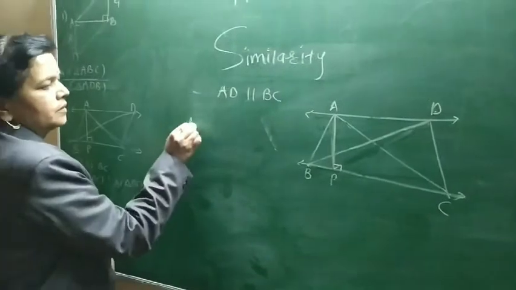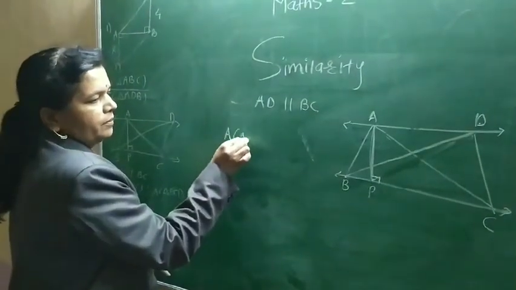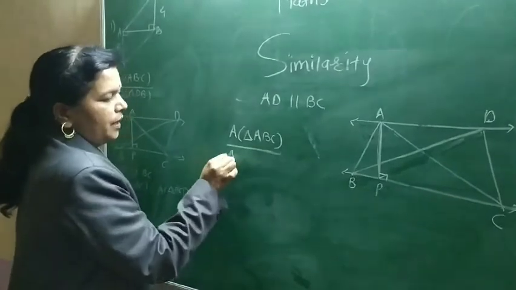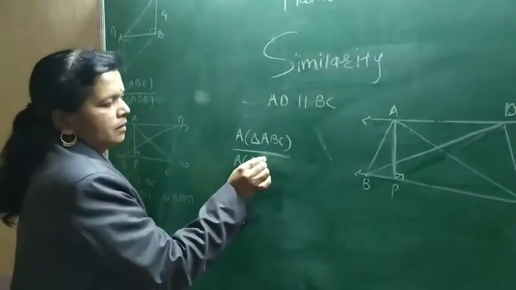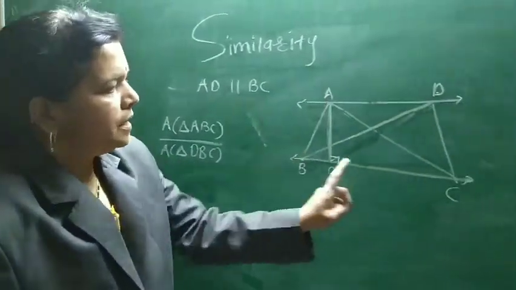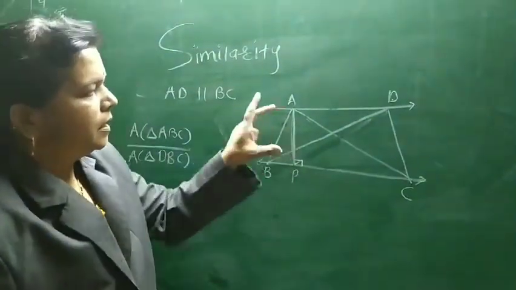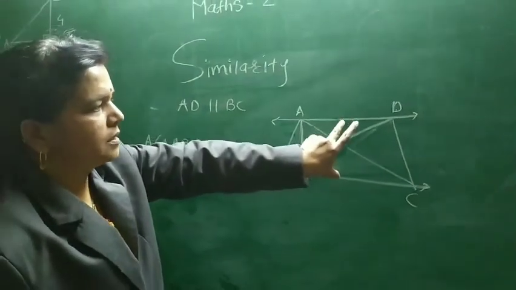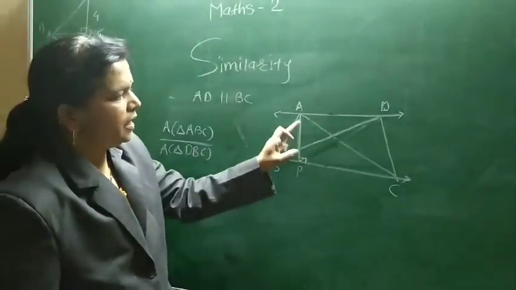See that, area of triangle ABC upon area of triangle DBC. These two triangles lie between these two parallel lines, so their heights are equal.